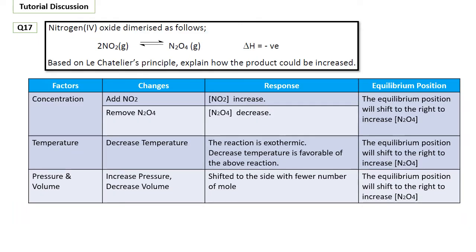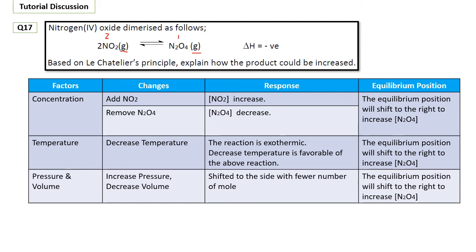This is the last question for tutorial Chapter 6. Nitrogen tetraoxide dimerizes as follows. First of all, identify, check the phase of the equation first. Yes, gas. So there are 2 moles at the reactant side and 1 mole at the product side.